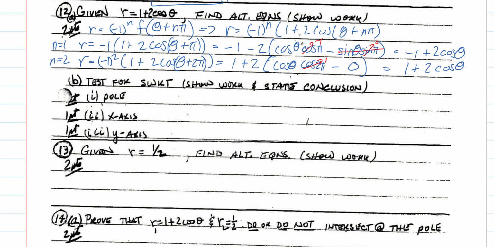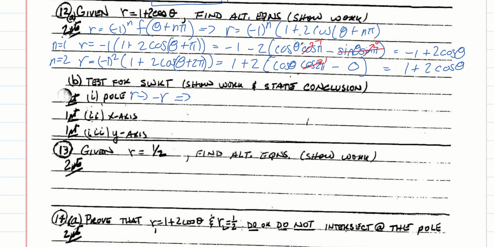All right, so now we have our equations. Now we need to test for symmetry with respect to all of our different things. So if it's symmetric with the pole, that means you were able to replace r with -r and have the same equation. So in this case, we're only doing this with the original equation.